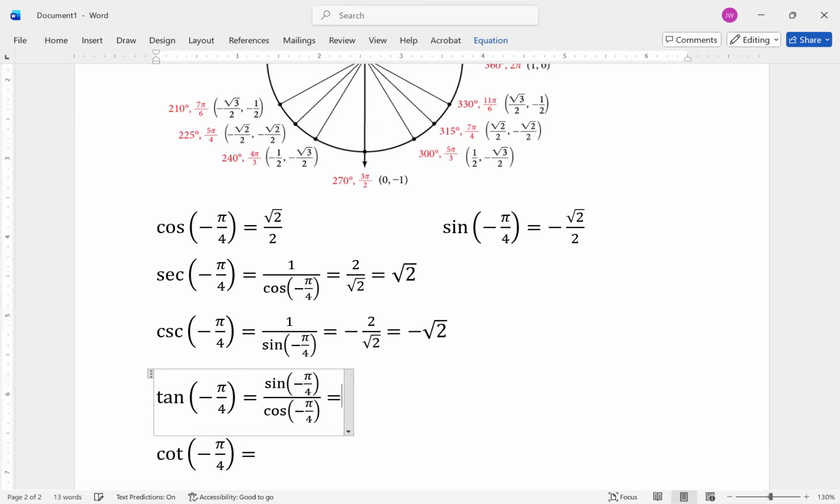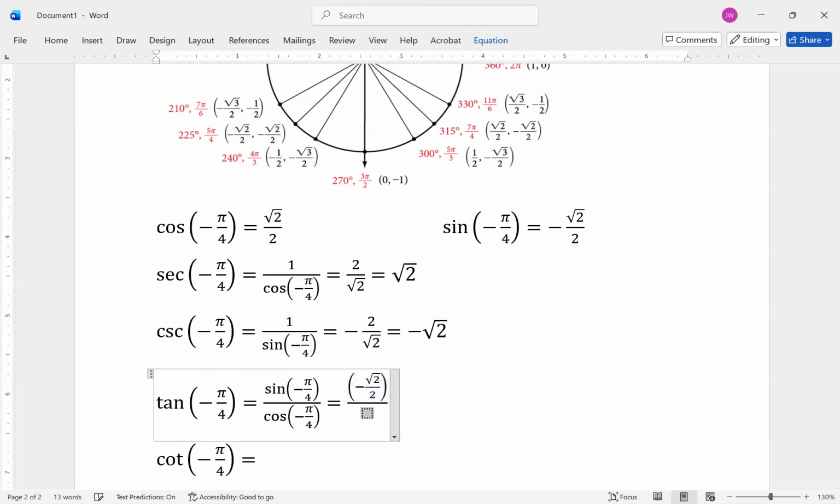Now, if you think about what this is, sine divided by cosine in this case is going to be a negative square root of 2 over 2 divided by a positive square root of 2 over 2, which is simply negative 1. So tangent is negative 1.